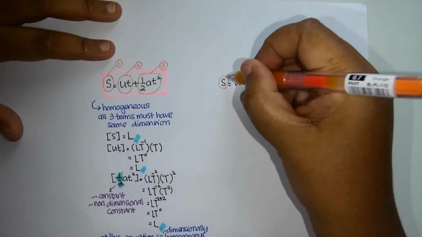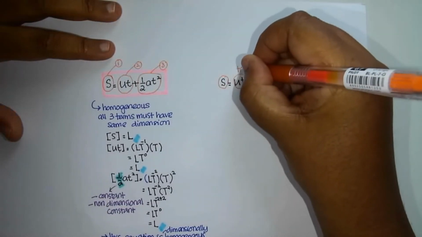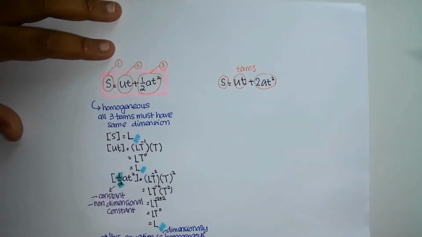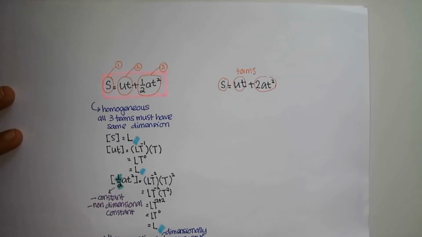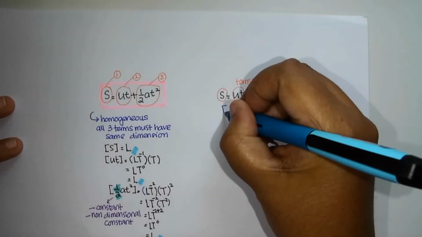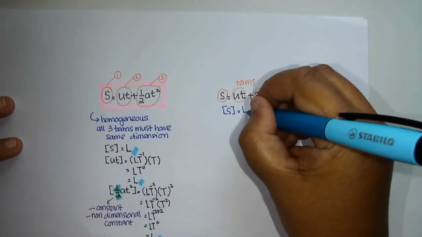One, two, three terms. An equation is homogeneous if every term in the equation has the same dimension, correct? So what we do now is find the dimension for s. The dimension for s is L.